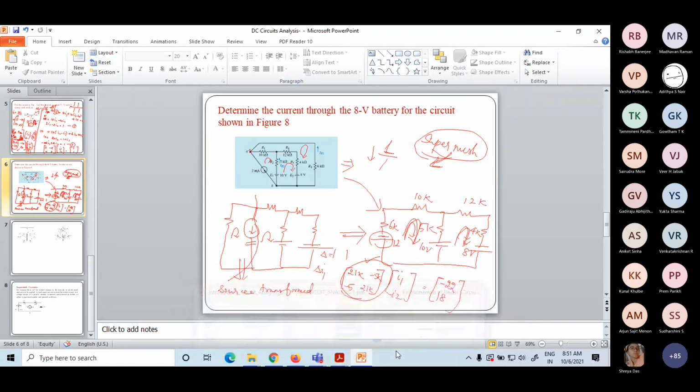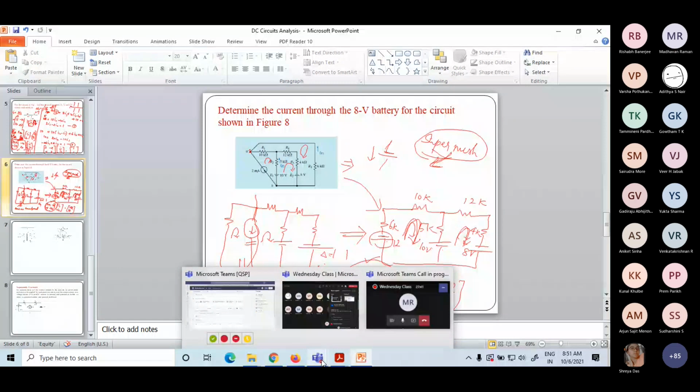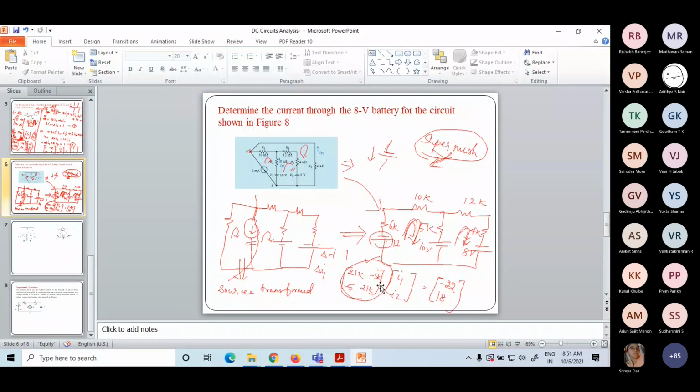Ma'am, actually, how did we get that minus 5, ma'am, after that 21 for the resistance? This is as per the mesh analysis. This is R11 and this is R12. What is R12? R12 is a resistance common between loop 1 and loop 2. And always the common resistance will be a negative value. Maybe directly in the matrix itself, we can say minus R12, minus R21.